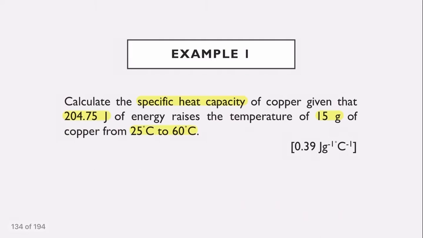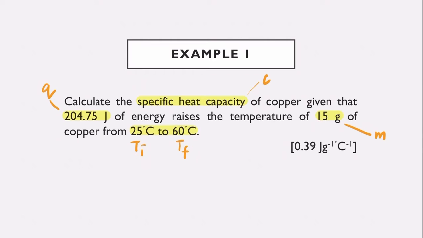Okay, for example 1, it asks to calculate the specific heat capacity, the small c, of copper, given that 204.75 joules of energy, this is your Q, raises the temperature of 15 grams, this is your mass, of copper from 25 degrees Celsius, the initial, to 60 degrees Celsius, the final.